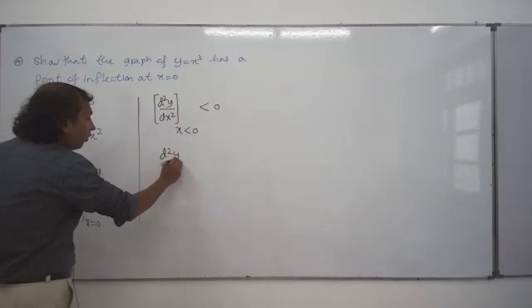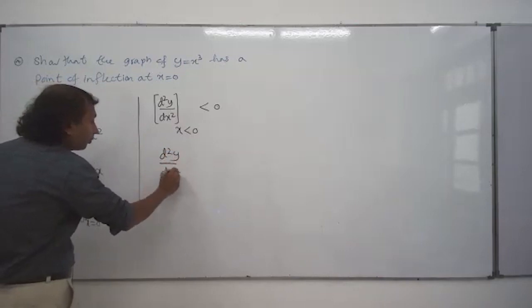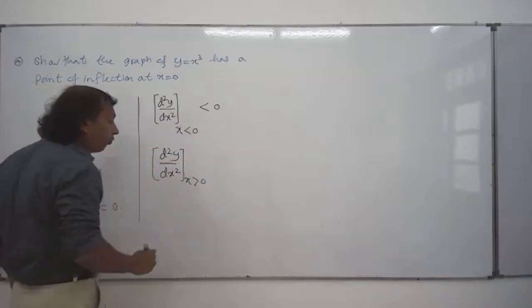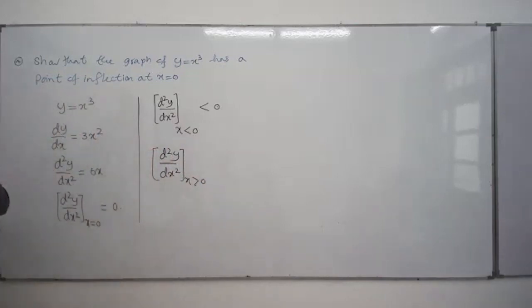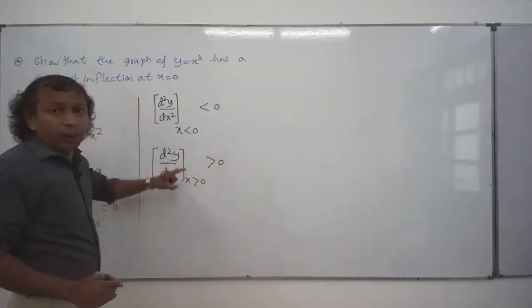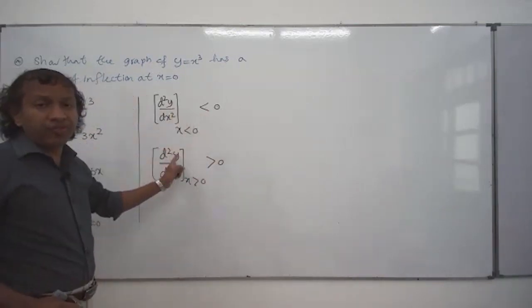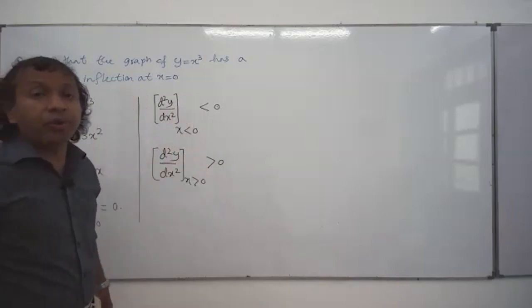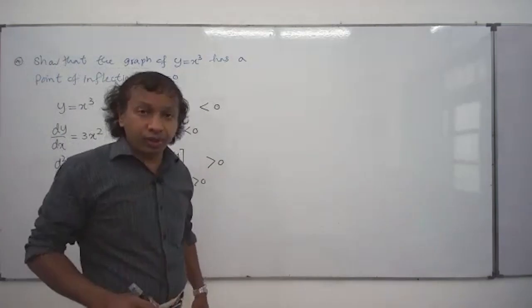Next one, second derivative sign after x equals 0, x positive. Put a positive value like 3, 4, like that. 6 into positive is positive. Second derivative is positive. Before 0, second derivative negative, after 0, second derivative positive. Therefore, at x equals 0, there's a point of inflection because at x equals 0, second derivative is 0.